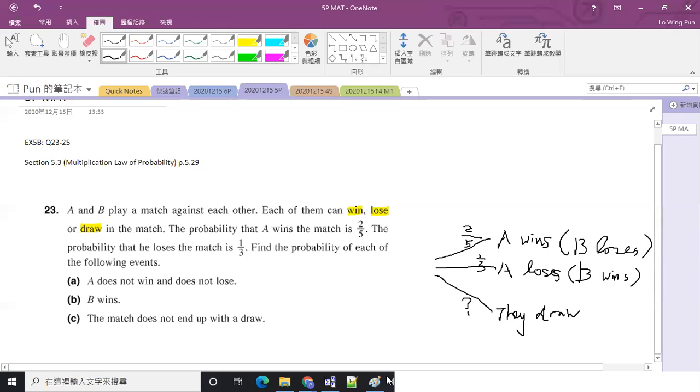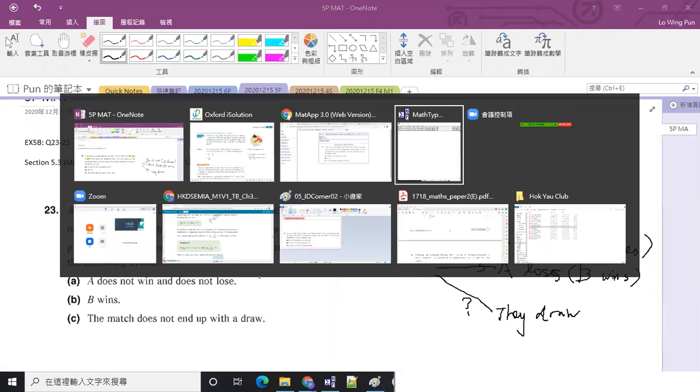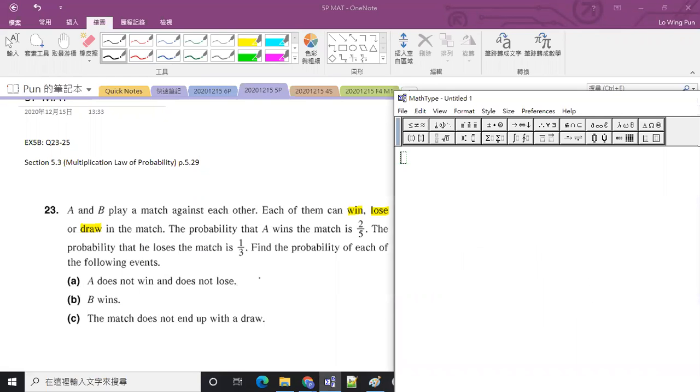Okay, now part A, find the probability. This time we are not using a fraction of counts for the probability, because the probability numbers are given. It is given that P(A wins) is equal to 2/5, right?